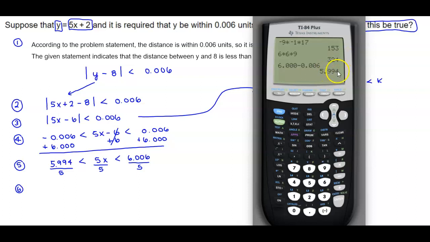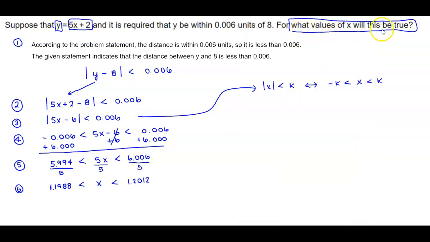We take 5.994 and divide that by 5, which gives us 1.1988, which is less than 5 divided by 5, which is x, which is less than 6.006 divided by 5, and that gives us 1.2012. So again, it's asking us for what values of x will this be true.